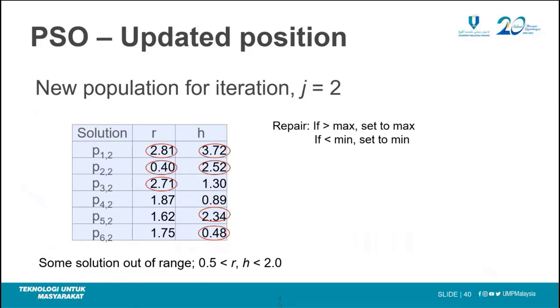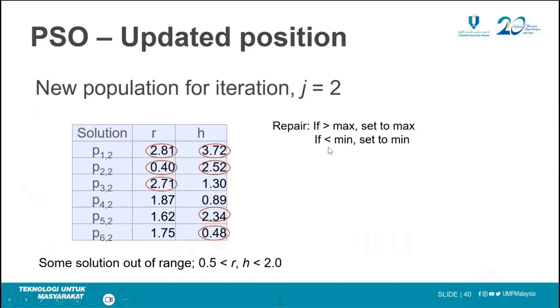So what we normally do to repair is, if the value is larger than the maximum, for example 2.81 here is larger than the maximum value of 2.0, we set the value to the maximum. So we will replace this value with the maximum, which is 2.0.